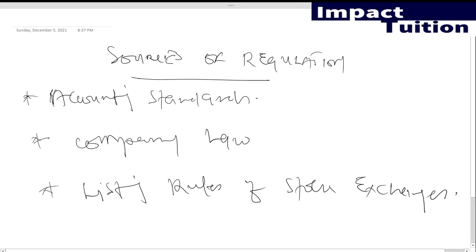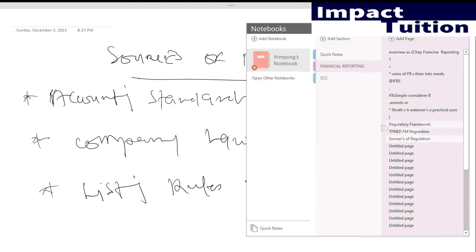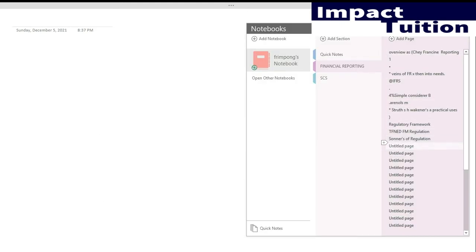So if entities are listed, by all means, they must abide by the stock exchanges rules regarding financial reporting. So these three come together as the sources of regulation mentioned in our syllabus.